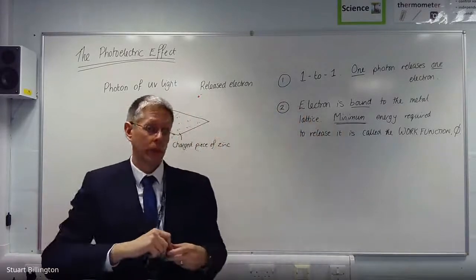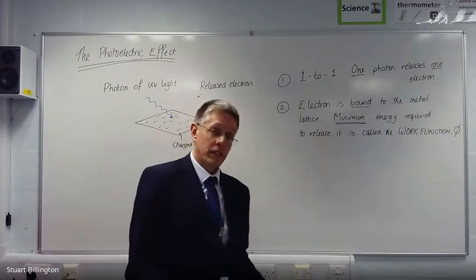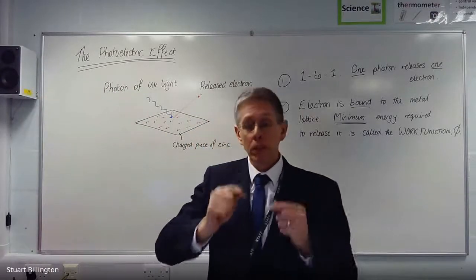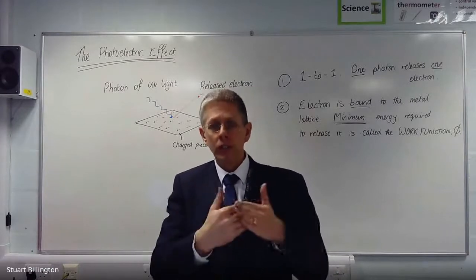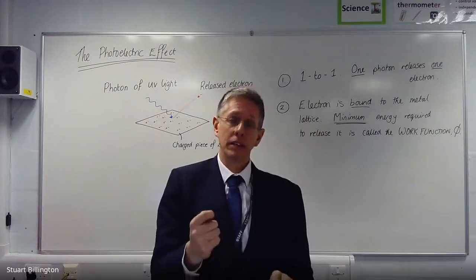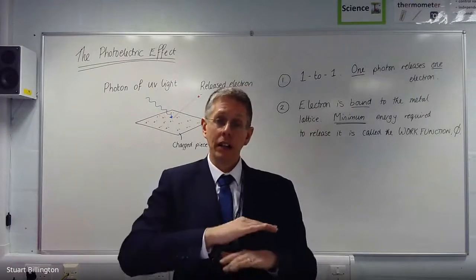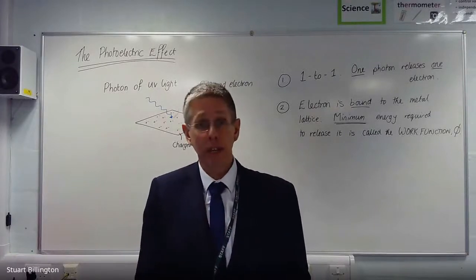Okay, so electrons are negative. The nuclei forming the metal lattice are positive. There's a force of attraction. The electrons are bound. You know in a metal that some of the electrons are delocalized and can roam throughout the metal lattice, but they can't leave the metal lattice.